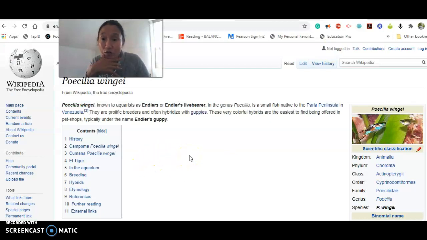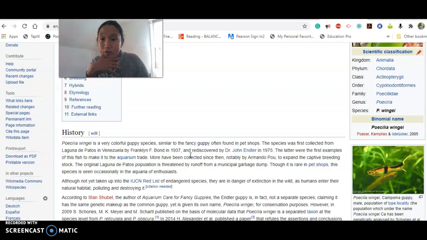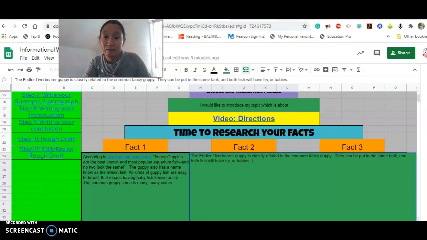They're very colorful. These guppies are also very colorful.